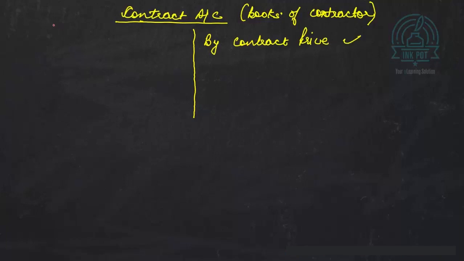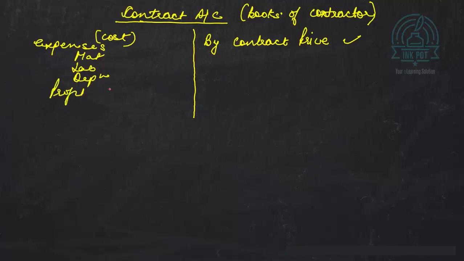And we deduct all the expenses, like material, labor, depreciation of plant, etc. We deduct all the expenses, or the cost, and we get the profit of the contract. So, income minus expenses or cost, we get the profit of the contract. This is how we calculate the profit of the contract.